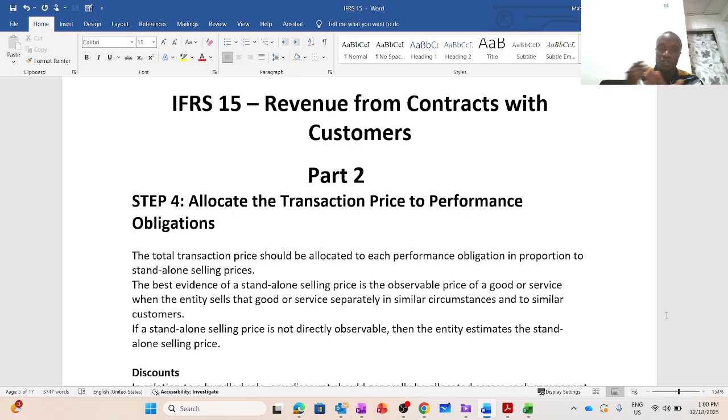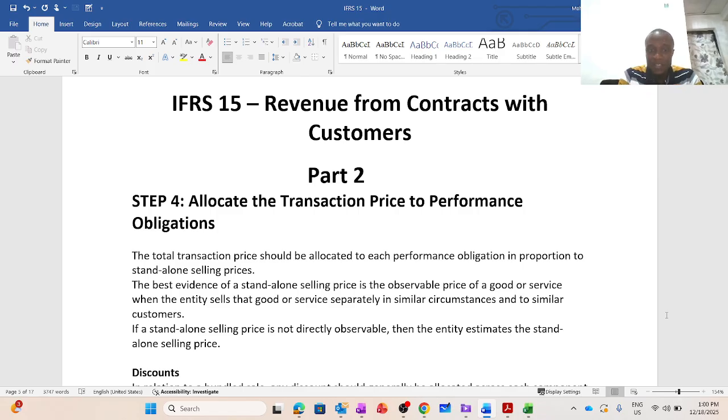But we have a similar service that we have been providing to various customers within the operation. Then we are going to use that similar, repetitive service price to relate it to the standalone selling price for this particular service that we are going to provide to our customer. So this is the concept that we need to know.